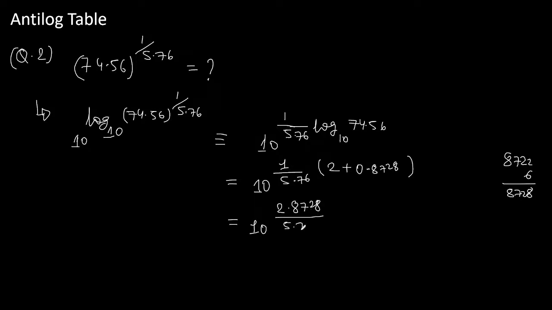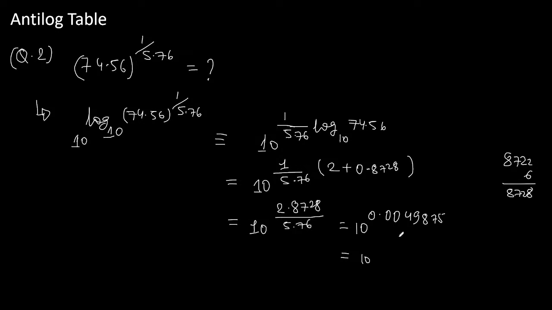Upon 5.76. Now when we divide 2.8728 by 5.76, it will come out to be 10 to the power 0.004985.